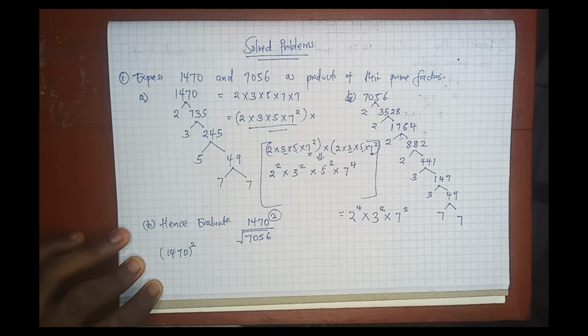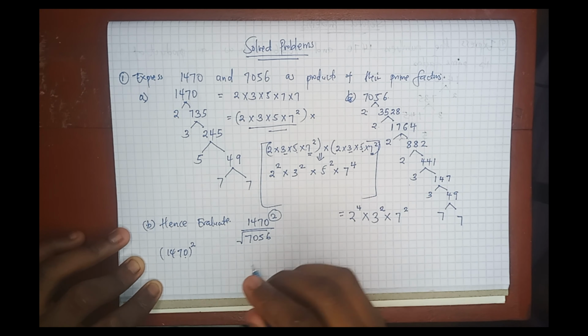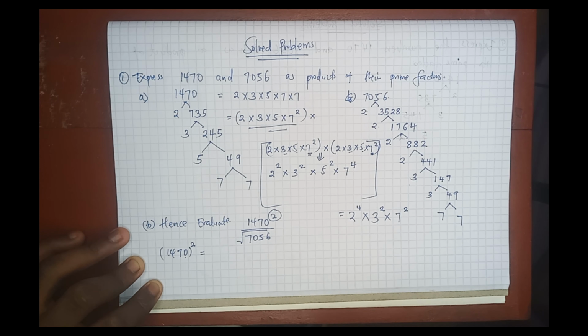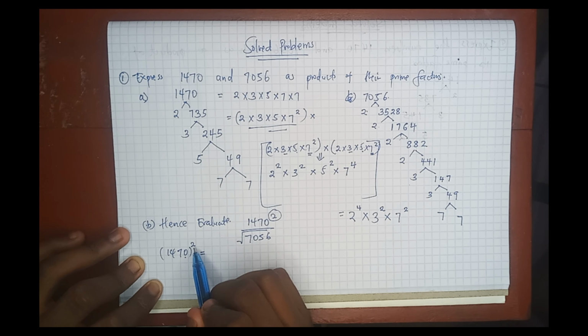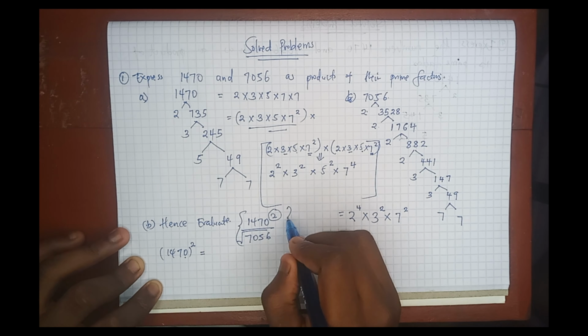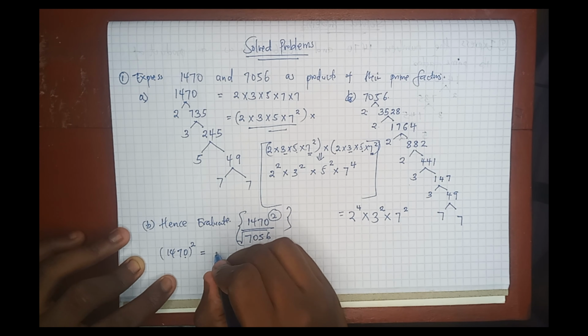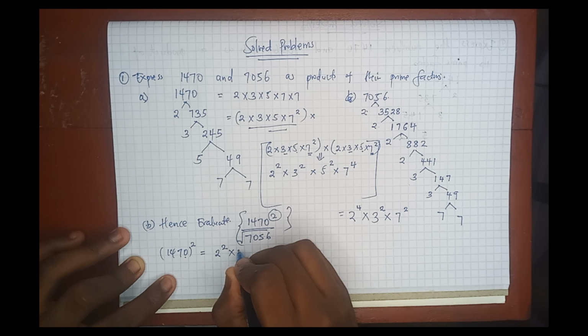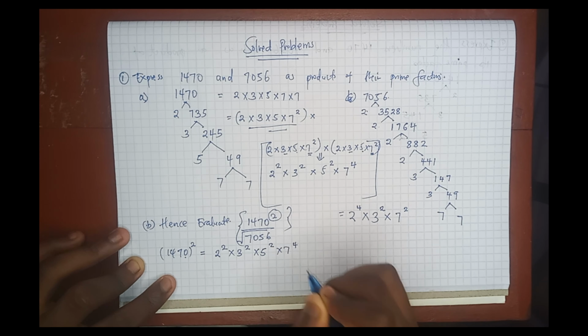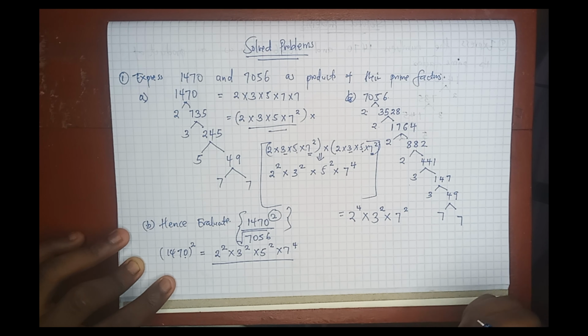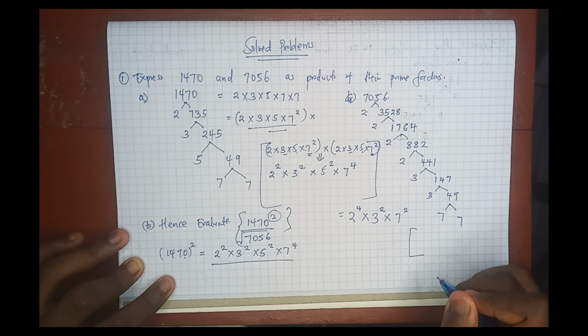That will be our simpler expression of 1470 squared according to this problem statement. So it will be 2 squared times 3 squared times 5 squared times 7 power 4 over.